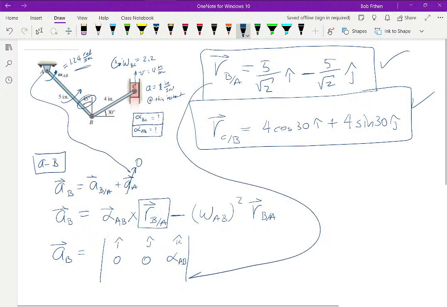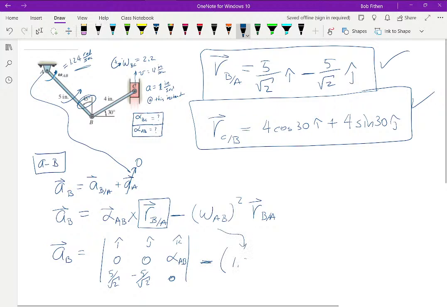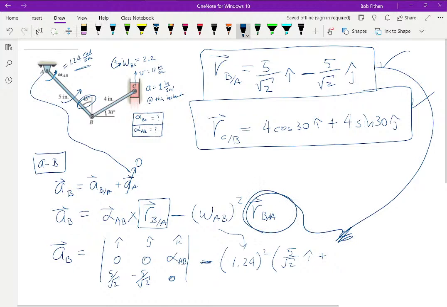So, with that, back down in here, 5 over square root of 2 minus 5 over square root of 2 and 0 minus, okay, at this particular point, I'm going to go ahead and use this 1.24 squared, and I'm going to simply list this vector down because that's what he wants.